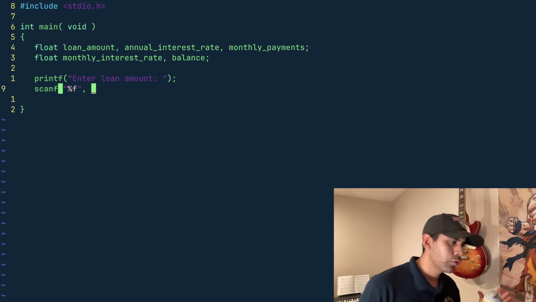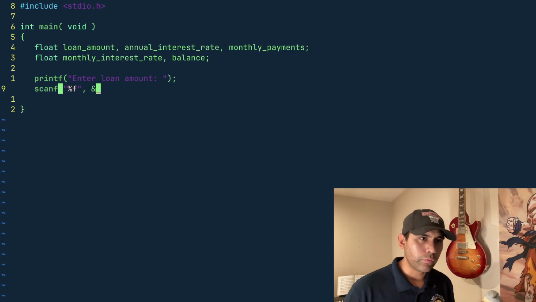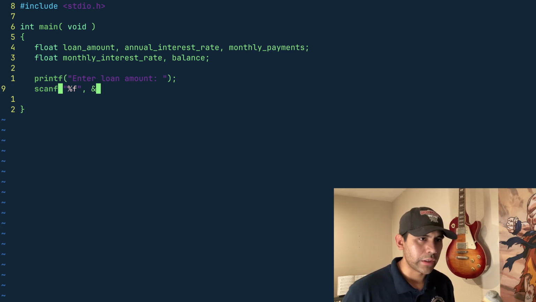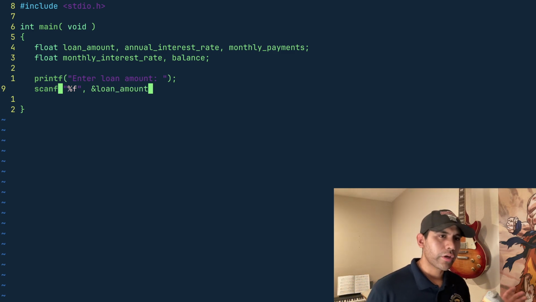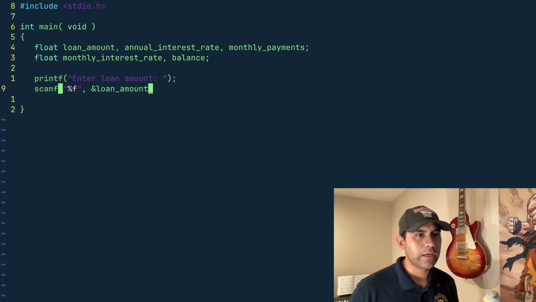Okay, for those who have not been keeping up, I'm being really repetitive, but for some of you it's your first time watching the video. So on scanf, apparently we always need this address symbol right here. I don't know why. The book apparently said they're going to teach me later on why, but for right now, this is how you take input from the user.